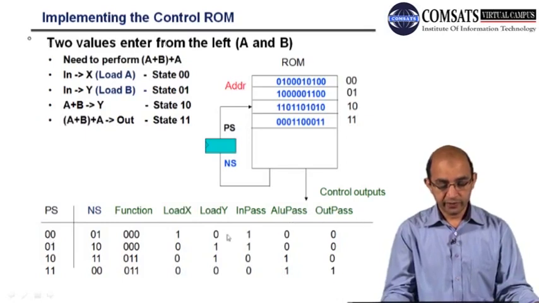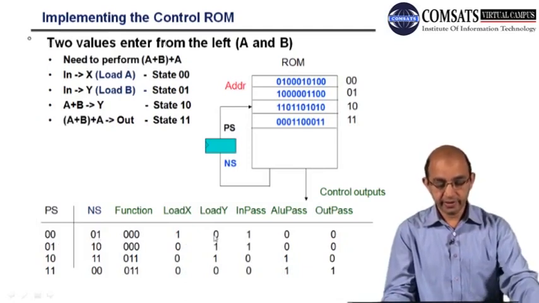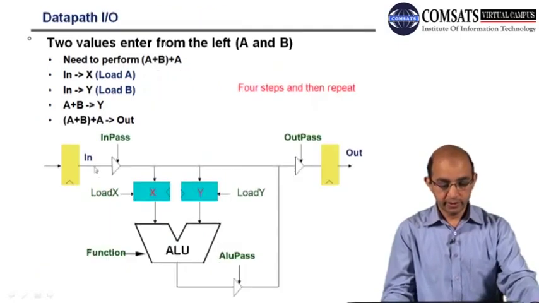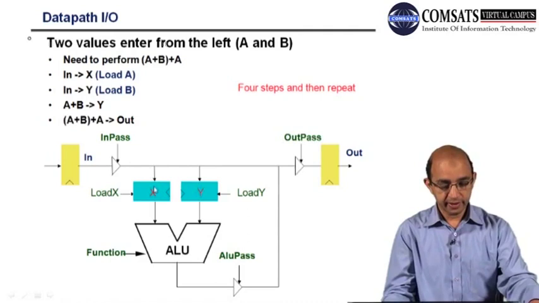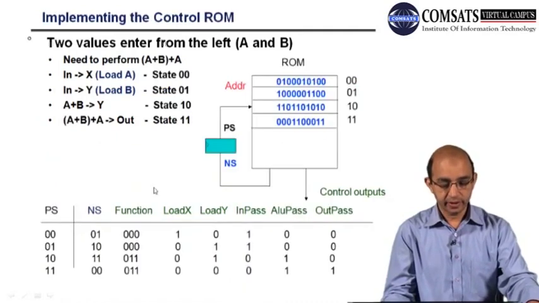Whenever I have to load X, you can see that in pass is 1, so it has to be activated. It means whatever is present here has to be moved here, and ultimately loaded here.